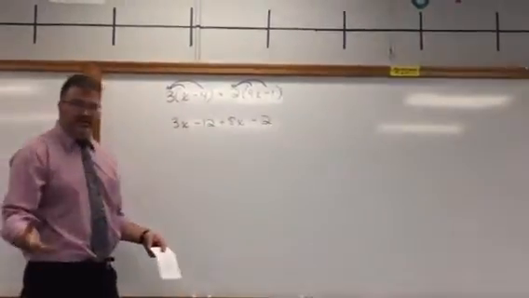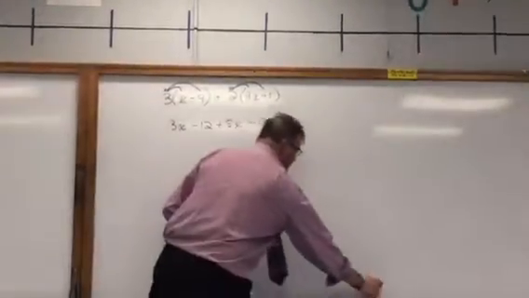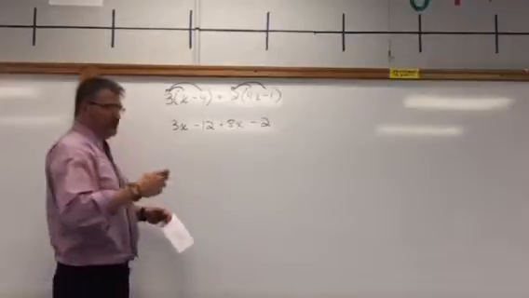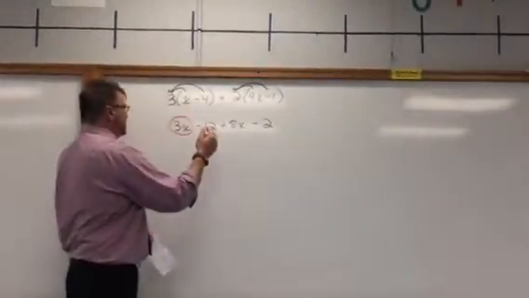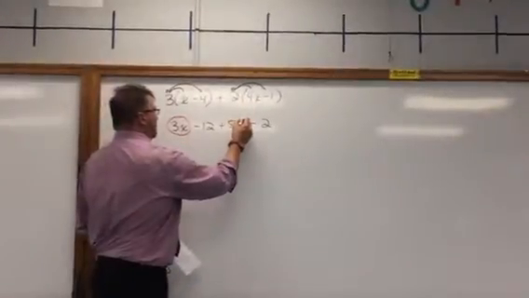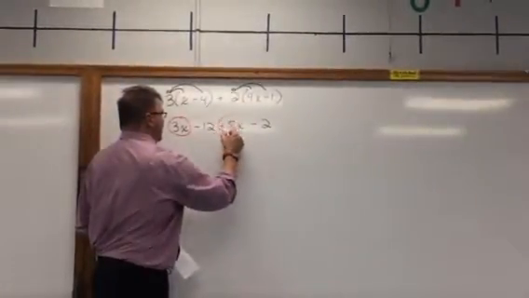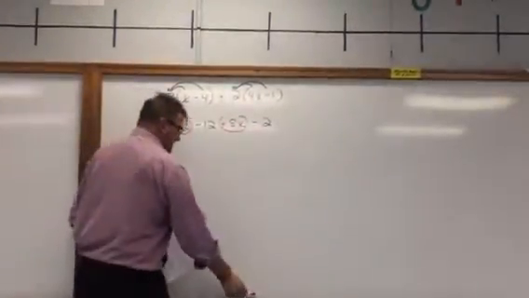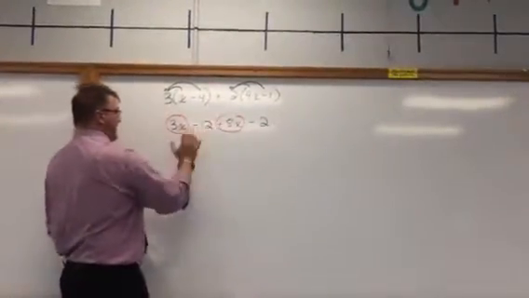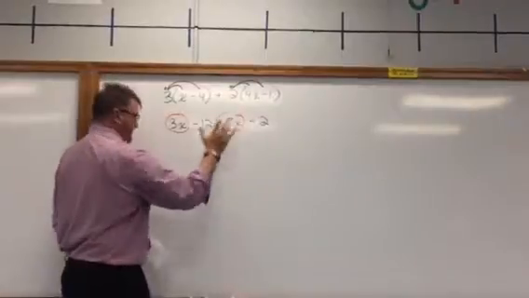So one thing I like to do at the beginning is to go through and circle my variables. I'm using color to make some of my colleagues happy. All right? And those are the variable terms. They both have an x. These two do not.